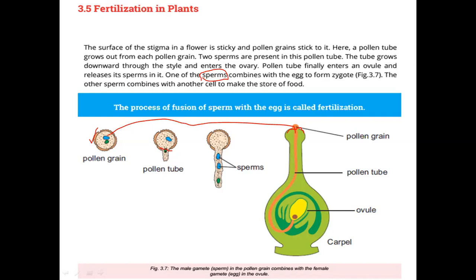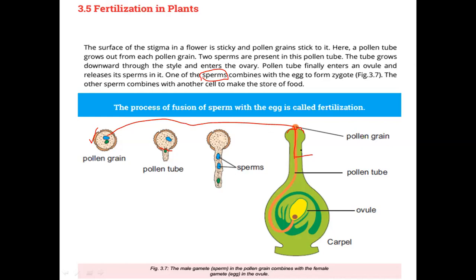These are two nuclei present here. This nucleus is called the pollen tube nucleus, and it is used to make this tube inside, into the style. This is the stigma, this is the style, into the style.